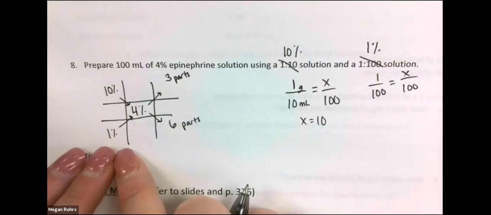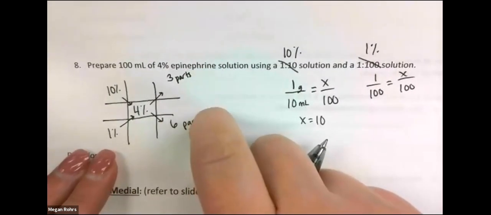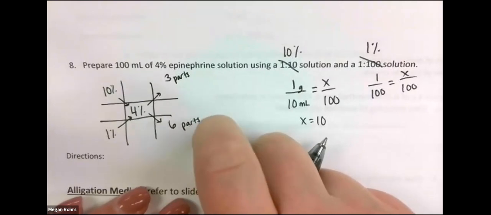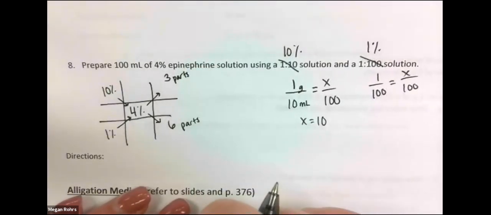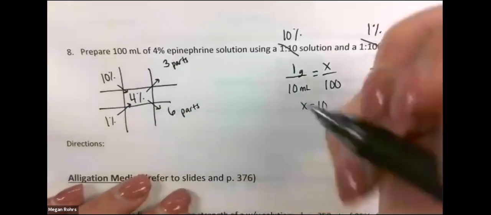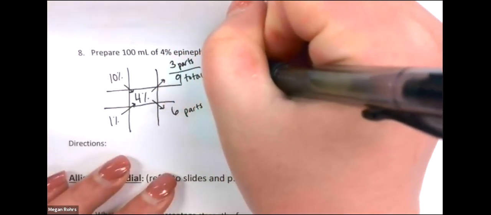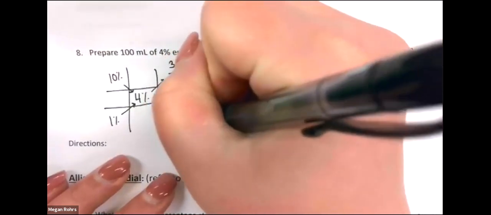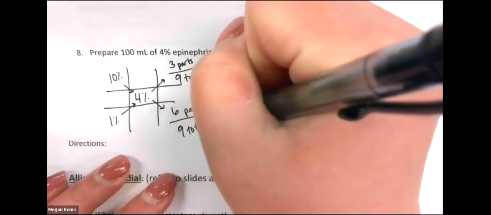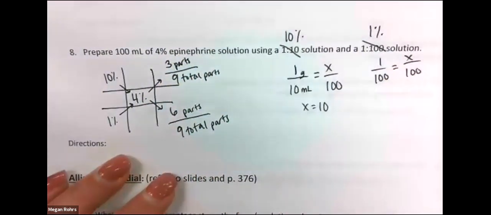The next step is to find out how many total parts we would have. Well, 6 plus 3 is 9. So there would be 9 total parts. So we're going to put each of those over the amount of total that we see.